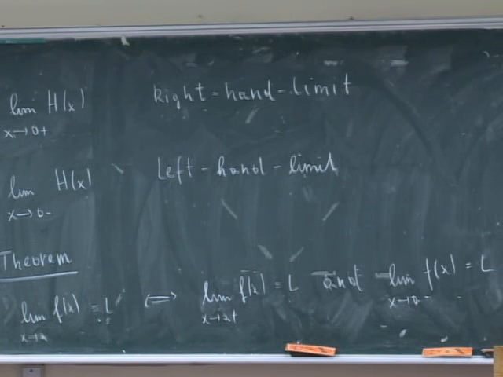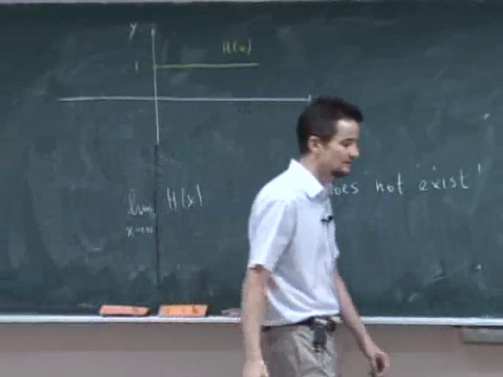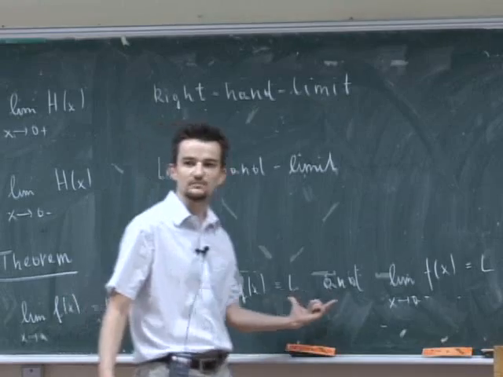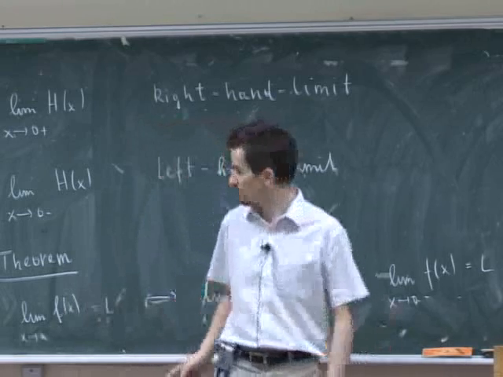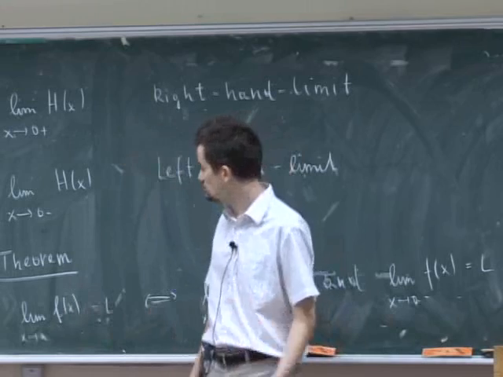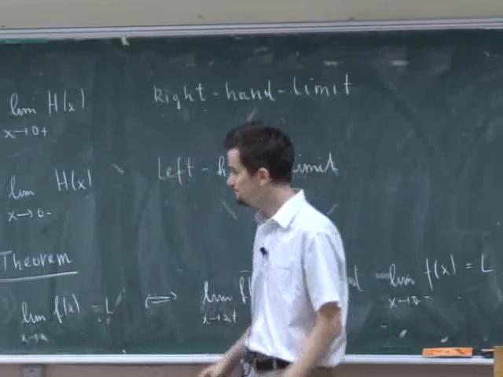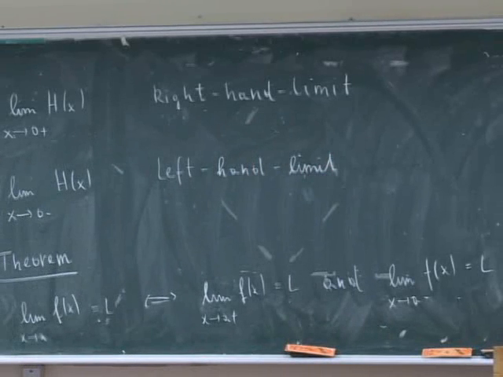So for instance, in this case, we see that the right-hand limit is 1, the left-hand limit is 0, so they both exist but are not equal. So from this result, using such an argument, we can already conclude that the limit does not exist. So this is a quite handy tool in some cases in order to figure out whether a limit does not exist.